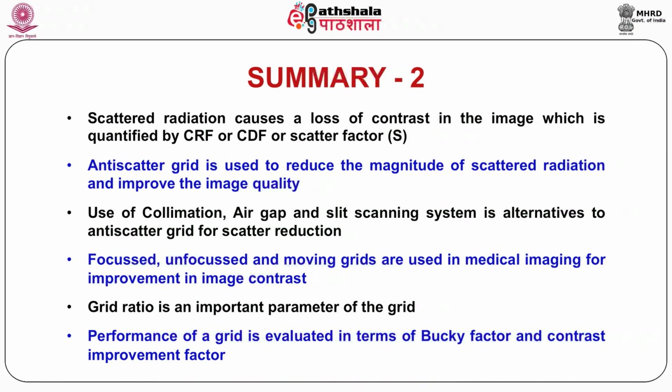Scattered radiation causes a loss of contrast in the image, which is quantified by contrast reduction factor CRF, or contrast degradation factor CDF, or a scatter factor S. Anti-scatter grid is used to reduce the magnitude of scattered radiation and improve the image quality. Use of air gap and slit scanning system are alternatives to anti-scatter grid for scatter reduction.